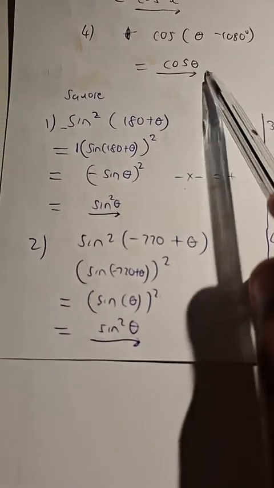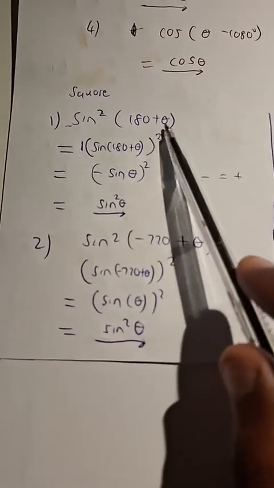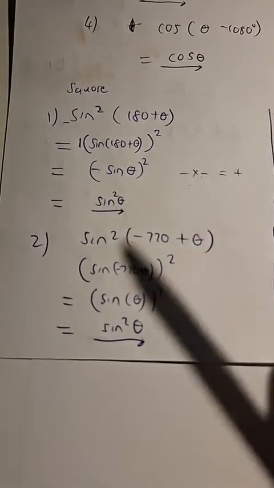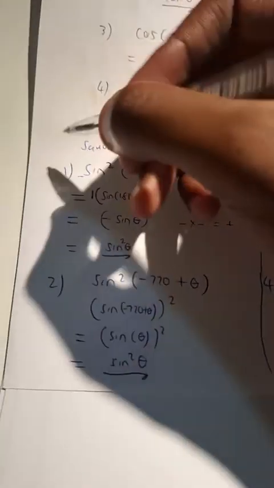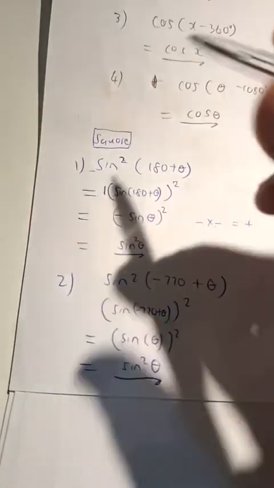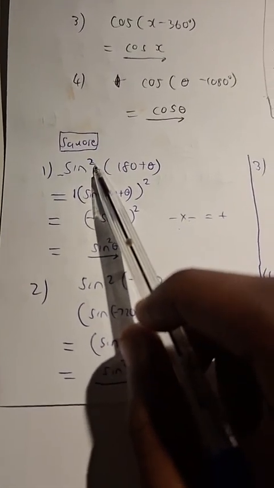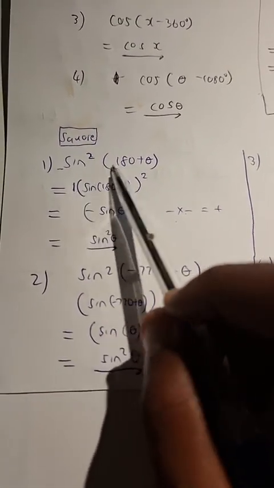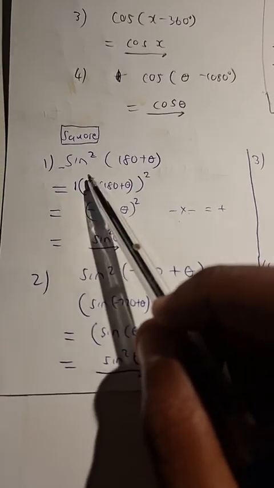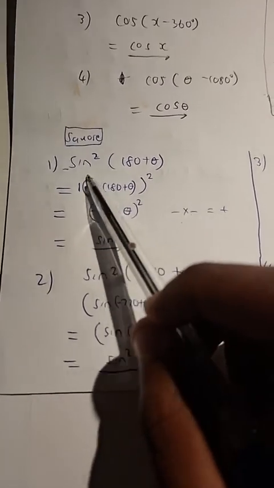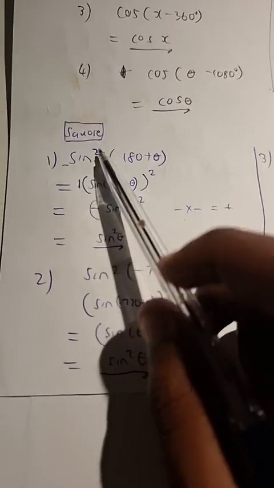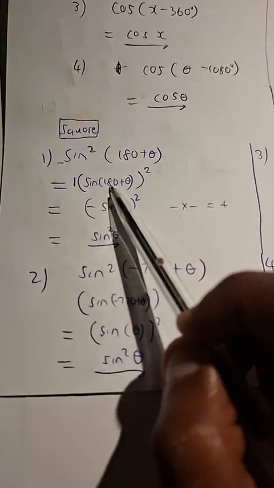Then Presh, what I was doing here is showing this for when you have squares, meaning you have an exponent. Sine squared of 180 plus theta. Very important that you put the square around the trig ratio. This square applies to the trig ratio alone.